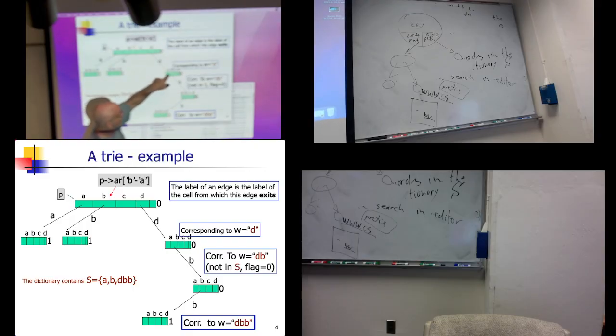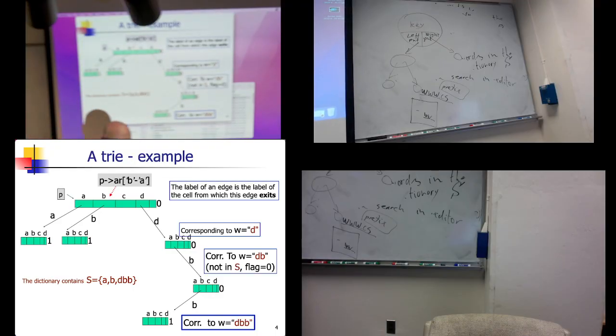What about this node? This node corresponds to the word D, not in the dictionary as well. The dictionary contained only the words A, B, and DBB, 3 words. So the flag of this node is 0. The flag of this node is 0. The flag of this node is 1, of course, because DBB is a word in the dictionary.